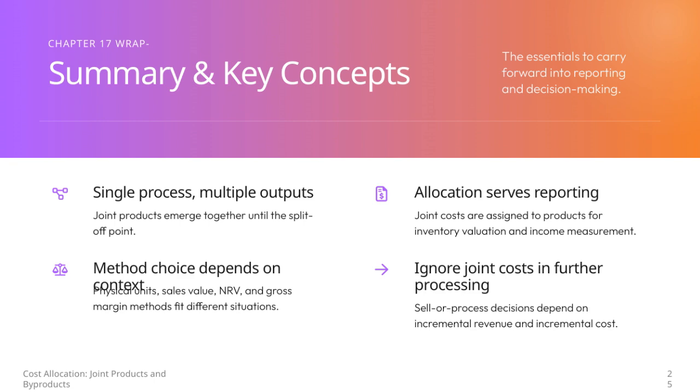The choice of allocation method, whether based on physical units, sales value, net realizable value, or gross margin, depends on the specific situation. It's important to remember that joint costs shouldn't be considered in decisions about further processing. These sell or process decisions should be based on analyzing incremental revenue and incremental costs. Understanding how to allocate costs correctly between joint products and byproducts ensures clearer financial insight and better business decisions.